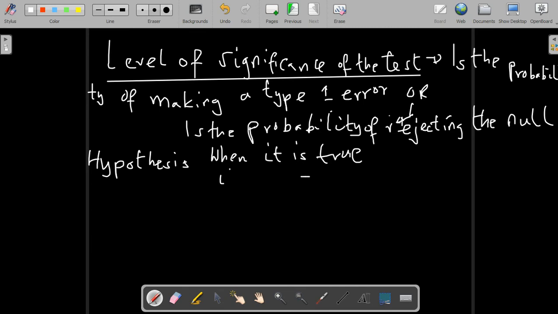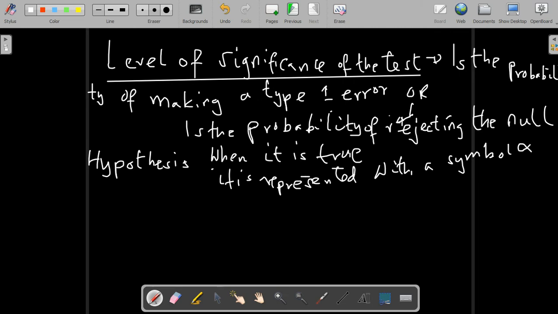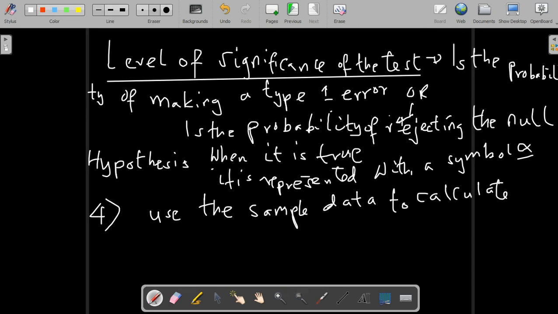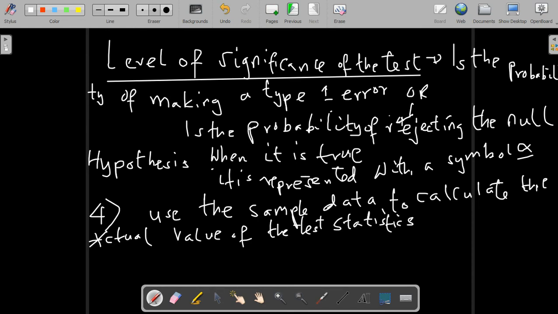The next step is to use the sample data to calculate the actual value of the test statistic, whereby our t statistic is equal to the sample mean minus the population mean, divided by the standard error, which involves the square root of the number of observations.